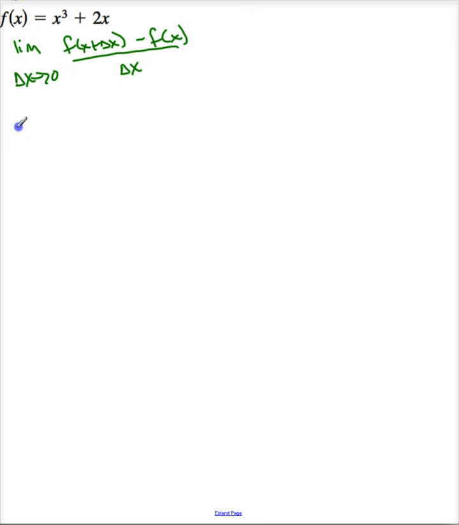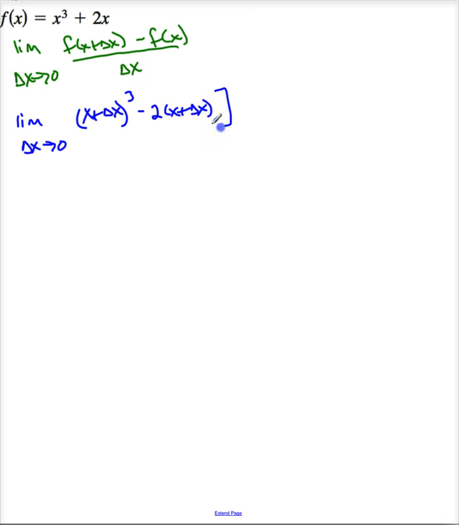substitute in. This is the limit as delta x approaches 0 of, now f of x plus delta x, this is going to be a bit of a mess. It is x plus delta x quantity cubed minus 2 times x plus delta x.